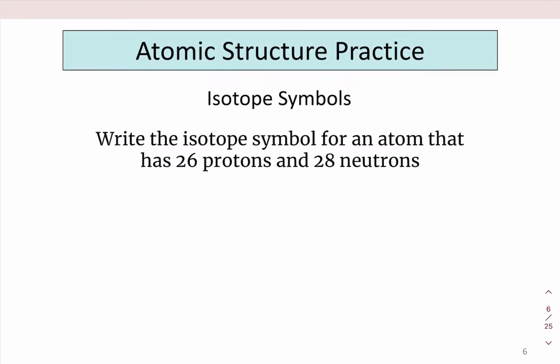Write the isotope symbol for an atom that has 26 protons and 28 neutrons. So remember, the element is determined by the atomic number, which is, of course, the number of protons. So if we look up number 26 on your periodic table, you'll find out that that is iron right there. And it has an Fe, capital F, a lowercase e. And then I'm going to throw the 26 down here because that's our atomic number at the bottom.